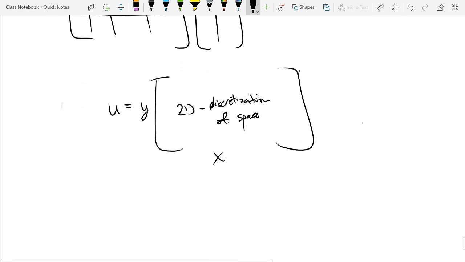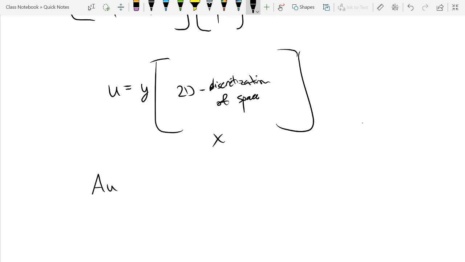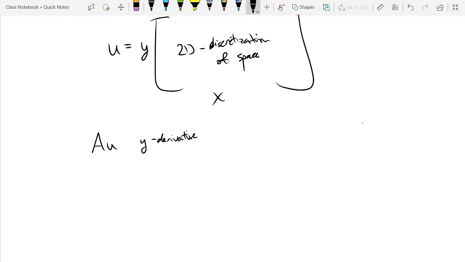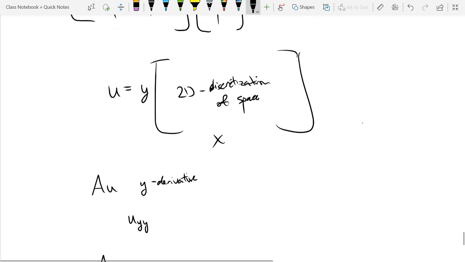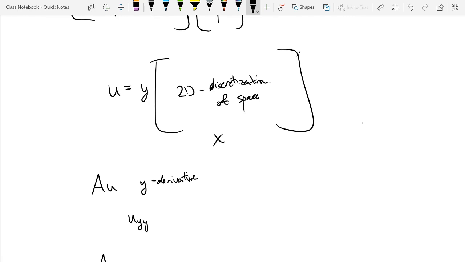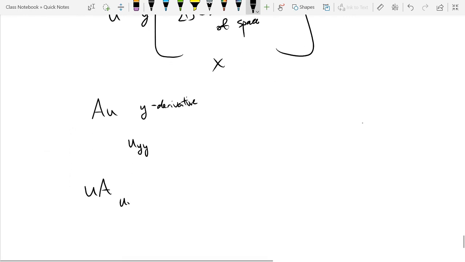then what you'll notice is that A times U with a derivative operator is a y derivative. Right, so if we use the heat equation 1, minus 2, 1 over here, then this will do diffusion along the columns, and that would be the same thing as u sub y, y. Now if we do U times A, that'll be applying the diffusion equation along the rows, and so that's the same thing as u sub x, x.